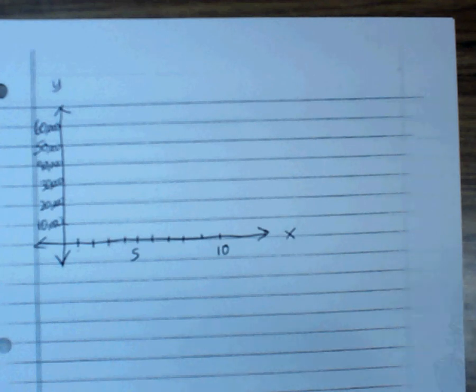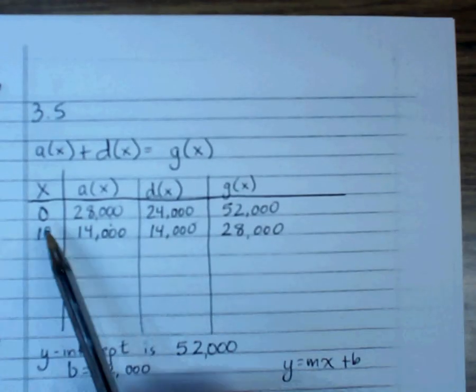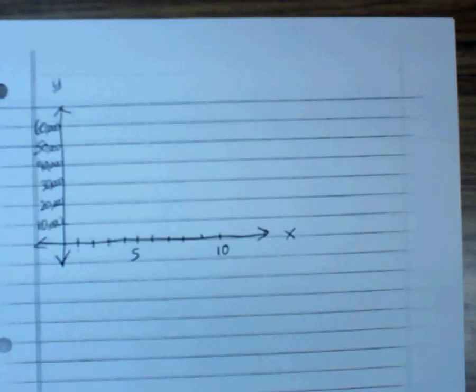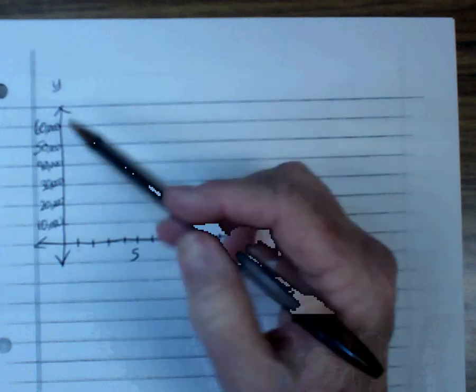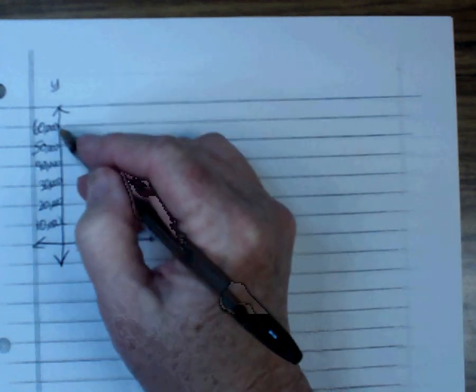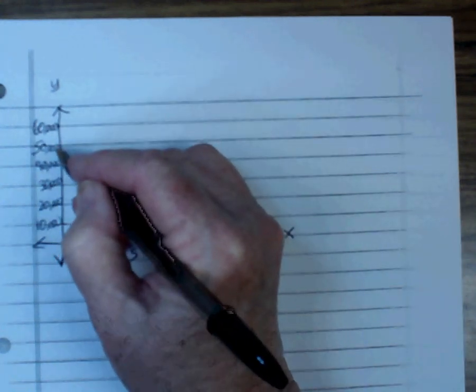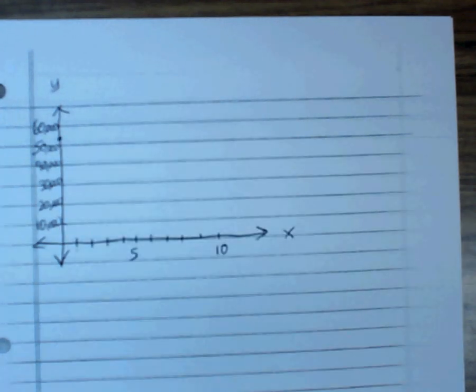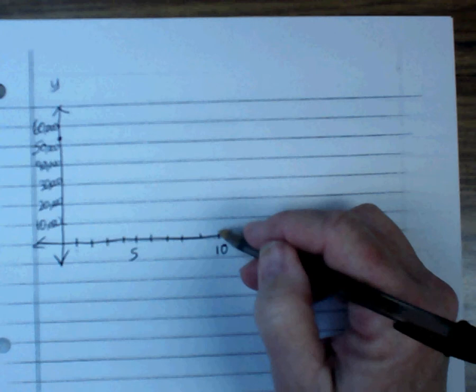So one of my points is, let's remind you, when x is 0, g of x is 52,000. So think about where that would go. A little bit above 50,000, not all the way to 60,000, so about right there. And then my other point is at 10 minutes.